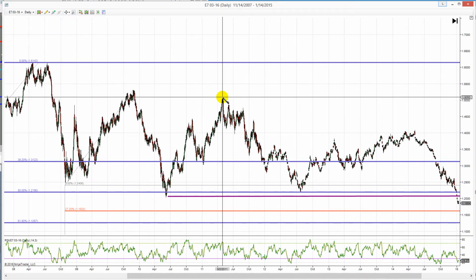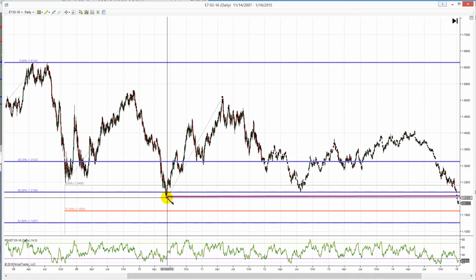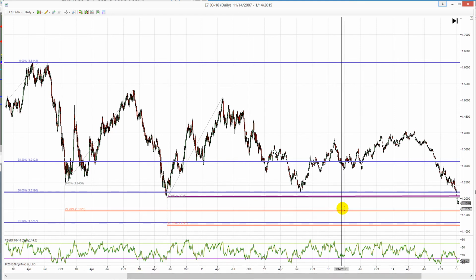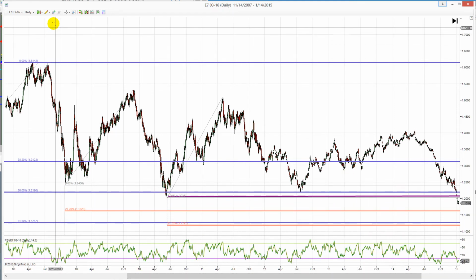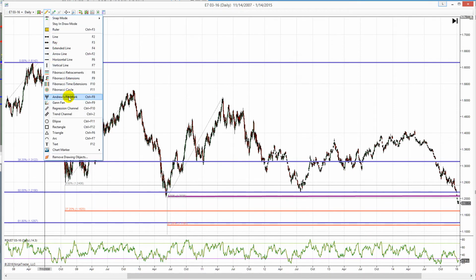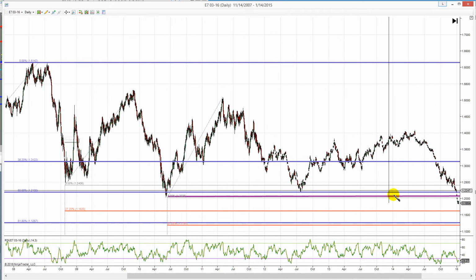Here. Let's make an extension here. And that's our target, which is a cluster, of course. And as we explained, into the level on a weekly chart, we're going to see this.